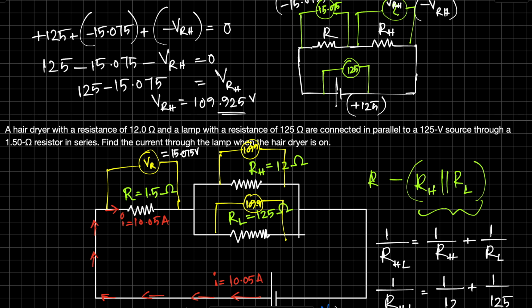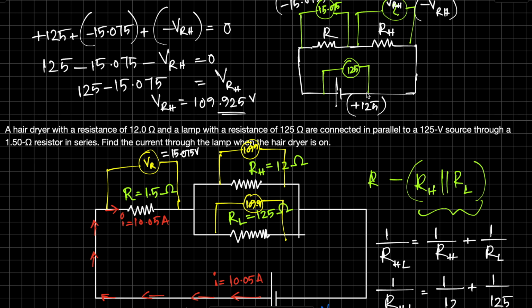One more time. We considered this loop with a battery that is 125 volts, resistor 1.5 ohms, and RH that is 12 ohms. The voltage drop across resistor R can be found by multiplying current with resistance, that is 15.075. We need to find the voltage drop across resistor RH, that is VRH.